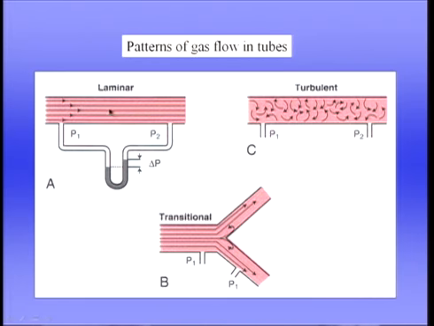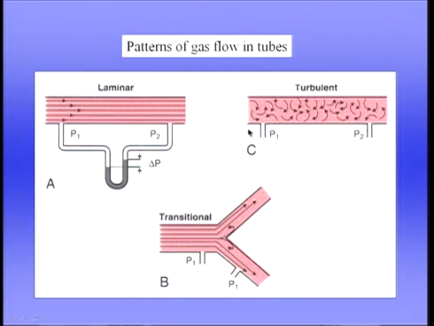Now, if we increase the flow rate, we may reach a point where the flow becomes what's called transitional. This is particularly seen where the tube divides into two daughter branches, as shown here. There's laminar flow in the upper part, the original part of the tube, but then you get flow separation, eddy formation, particularly at the junction where the tube divides, and this is called transitional flow.